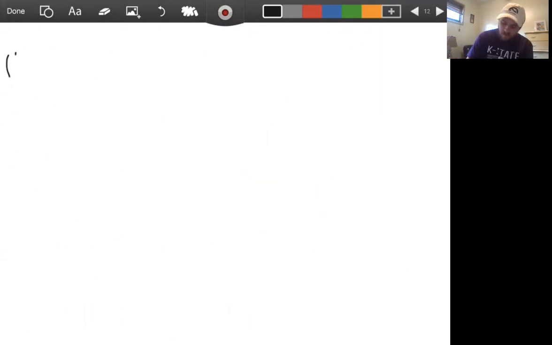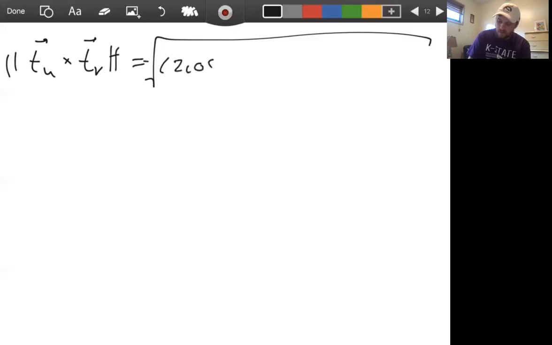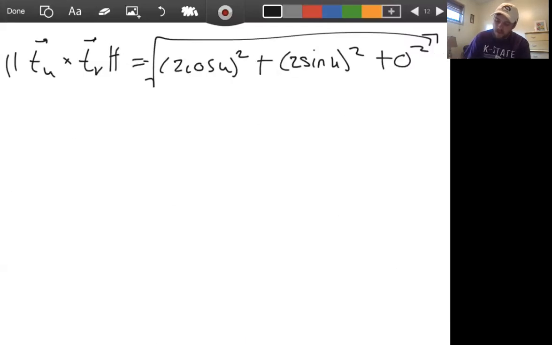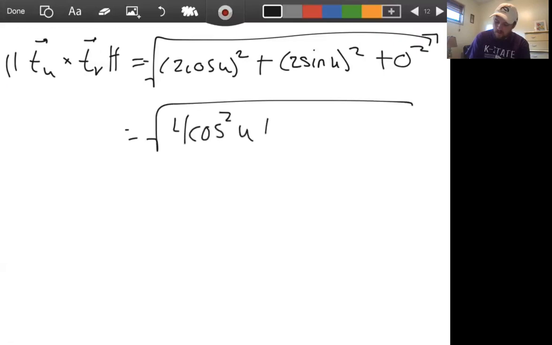And now we need the magnitude of this vector. This is equal to the square root of (2 cosine u) squared plus (2 sine u) squared plus 0 squared. This gives us the square root of 4 cosine squared u plus 4 sine squared u, which is equal to root 4, because you pull out a 4, and then cosine squared plus sine squared is 1, and then root 4 becomes 2.